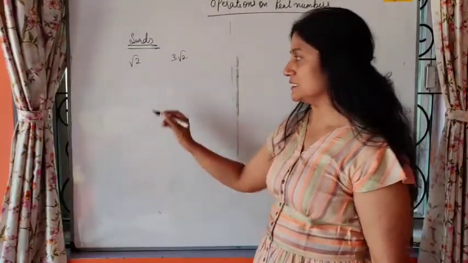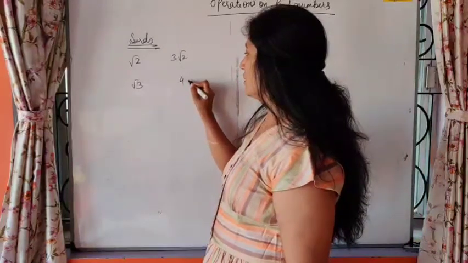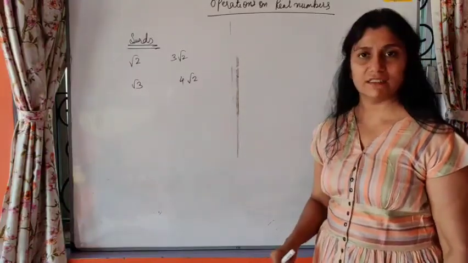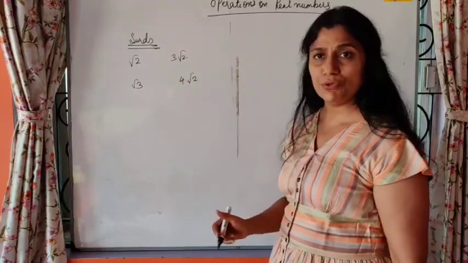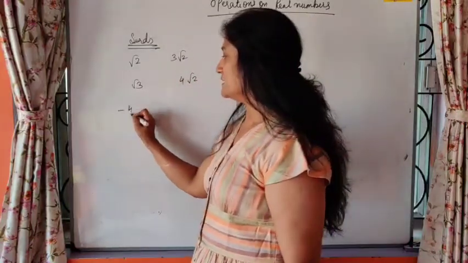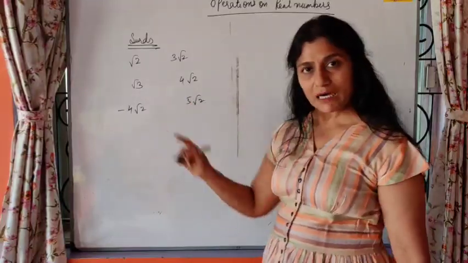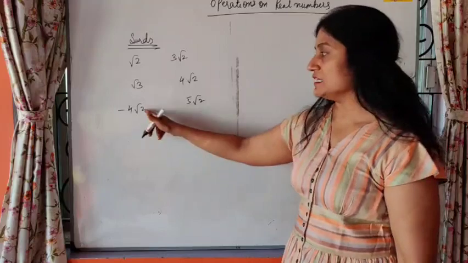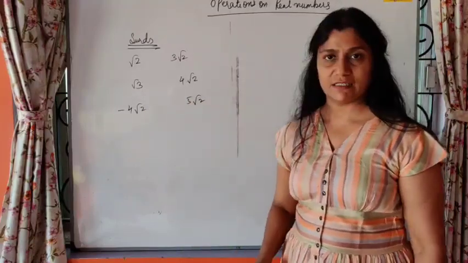So they are like surds. If I say root 3 and 4 root 2, are they like surds? No, they are unlike surds, because it's root 3 and this is root 2. Suppose I say minus 4 root 2 and plus 5 root 2. Are they like surds? Yes, they are also like surds, because inside the root the same number is there.